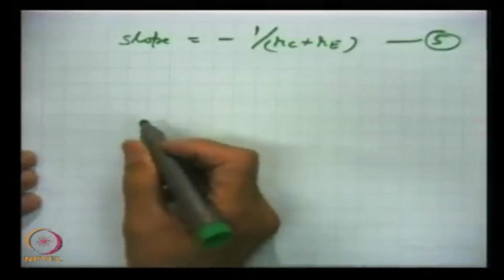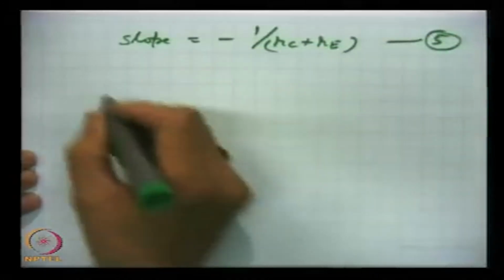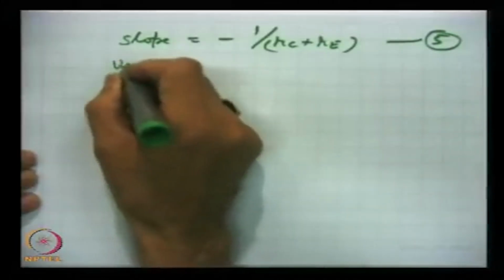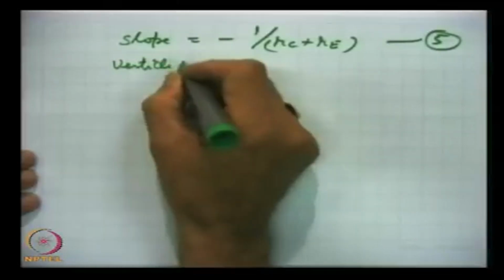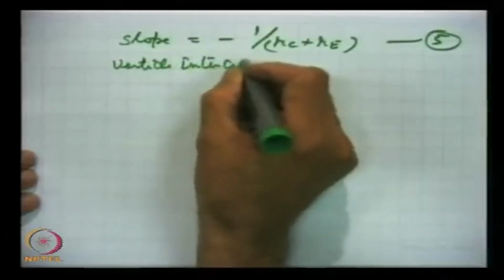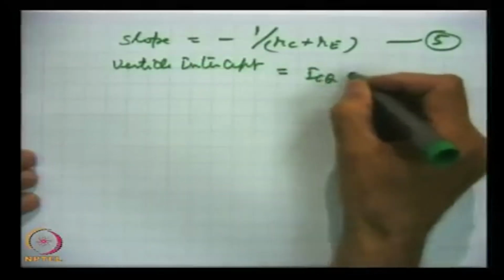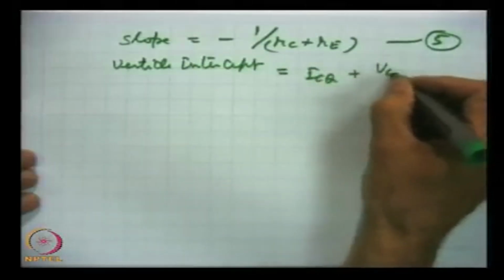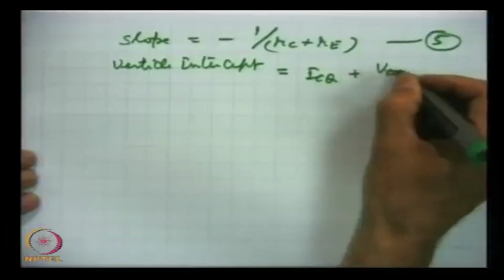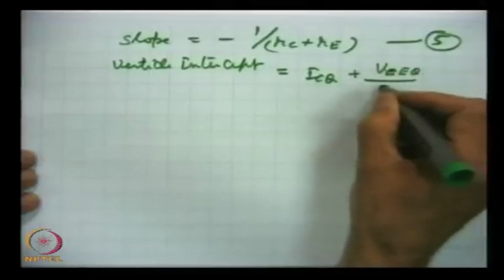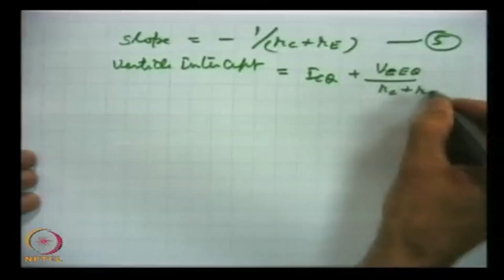I will plot this line actually, and the vertical intercept is equal to ICQ plus VCEQ by RC plus RE.